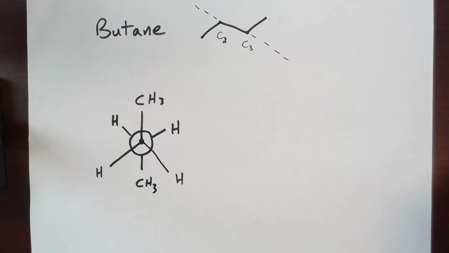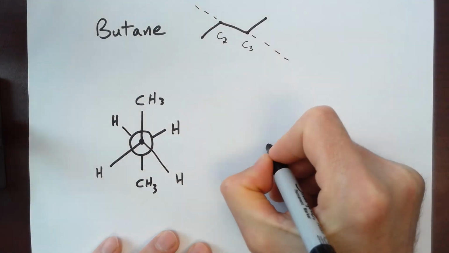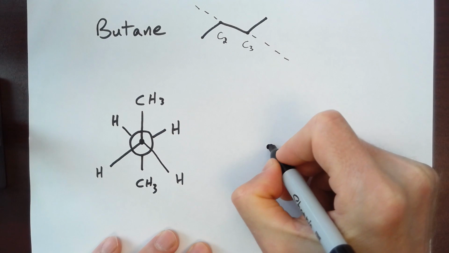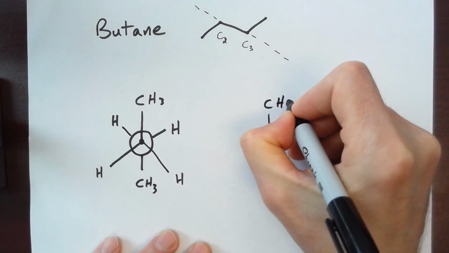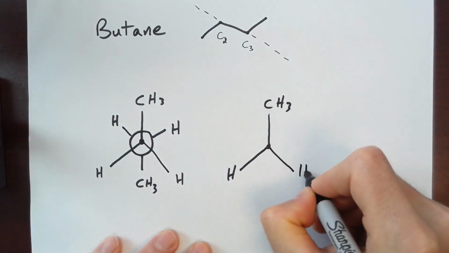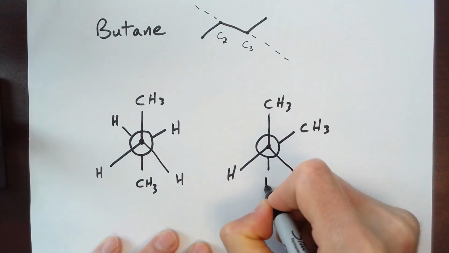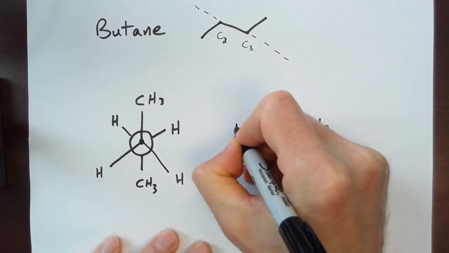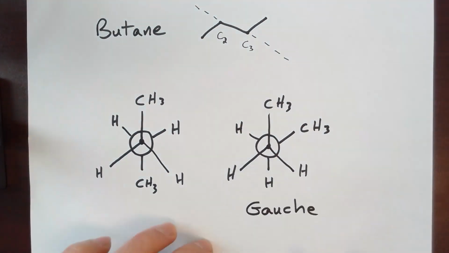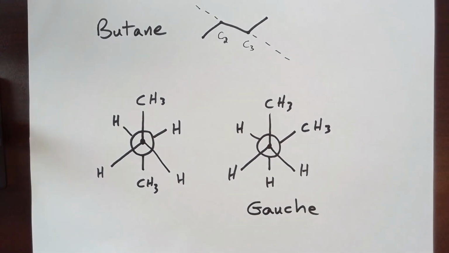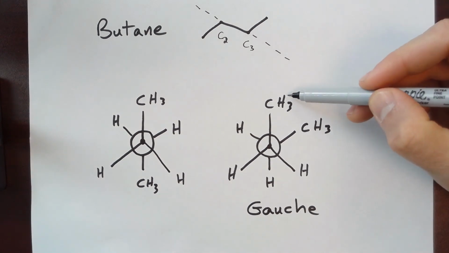But not all configurations are equivalent. The one that I want to point your attention to right now is the so-called gauche configuration. In the gauche configuration, the methyl groups are adjacent to one another, but they're not eclipsed.